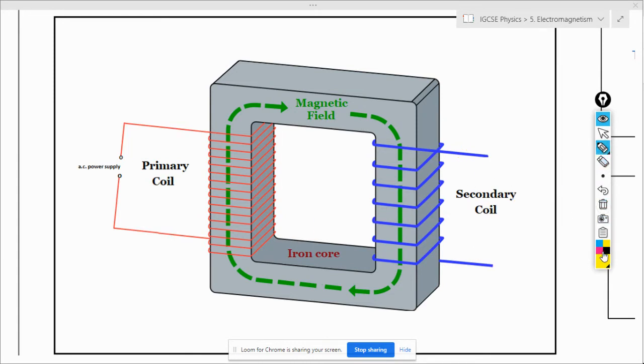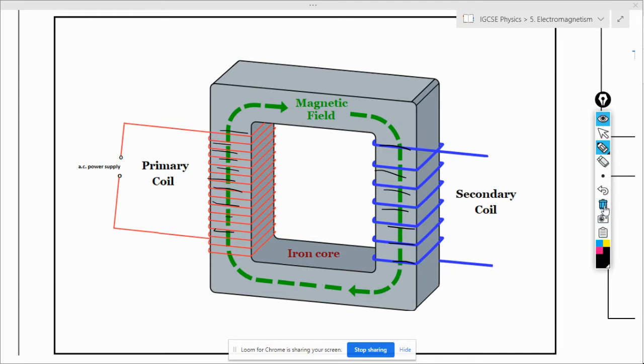Now, I want to mention one more very important thing about transformers. You can see on this primary coil, there are how many turns of wire? 1, 2, 3, 4, 5, 6, 7, 8, 9, 10. Who knows? Maybe about 14 turns of wire. On our secondary coil, we have 1, 2, 3, 4, 5, 6, 7. Only half.